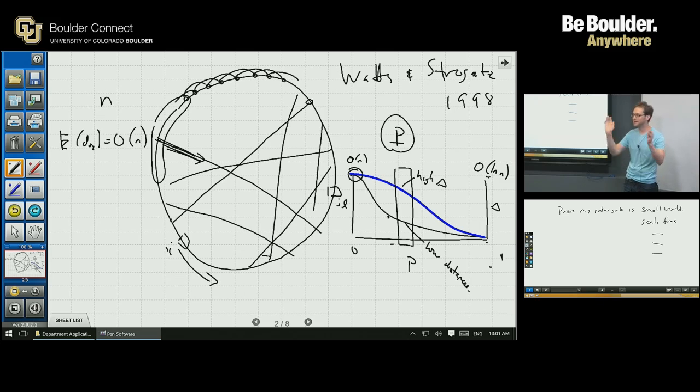Something like 99.9999999% of all graphs are small world networks. The only things that are not small world networks are lattices, essentially. And they're incredibly rare in real-world systems because real-world systems have a little bit of chaos in them, a little bit of disorganization, a little bit of randomness in them.